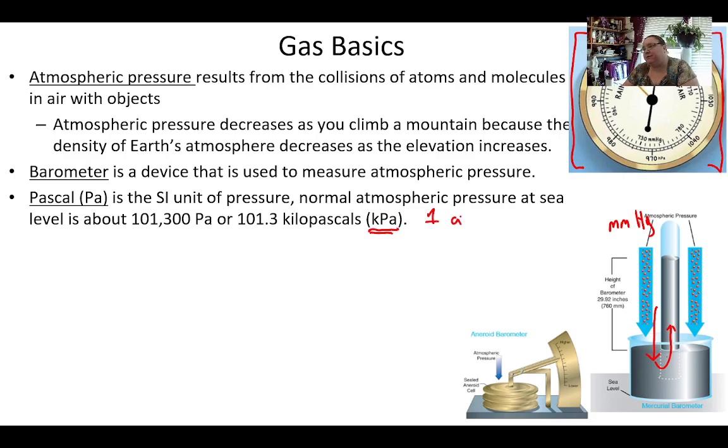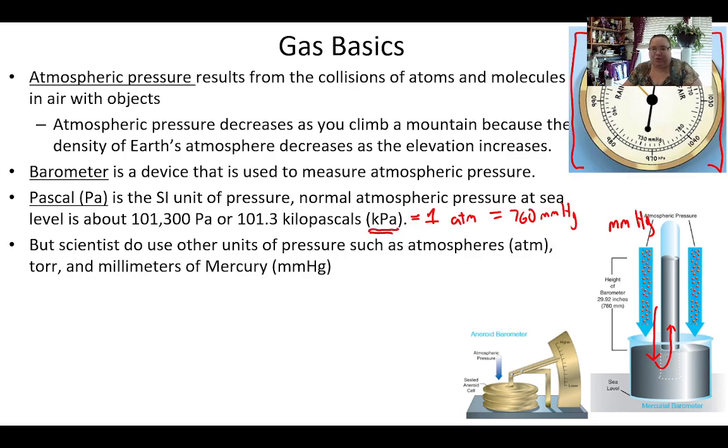So 1 atmosphere, 1 atm, does not stand for automatic teller machine, but it is short for atmosphere. 1 atmosphere equals 101.3 kilopascals. It also happens to equal 760 millimeters of mercury. It's like these are all related. They're all equivalent values. It's kind of like saying there are 4 quarters in a dollar, and there's 10 dimes in a dollar. Either way, you still got $1 worth of stuff.